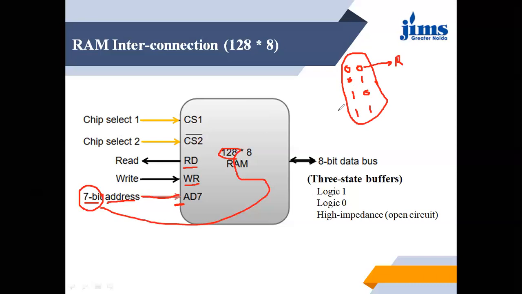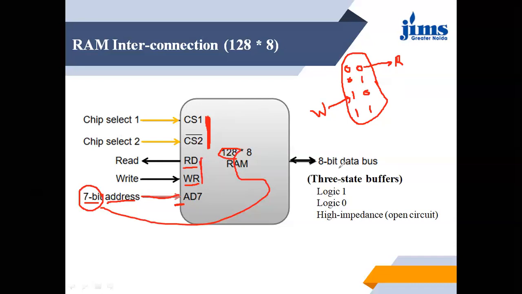I am giving you the example only. For example, it is writing on this address. So when we have two selection lines, then at the different combinations of these selection lines, the operation is selected, whether this is a read operation or this is a write operation.